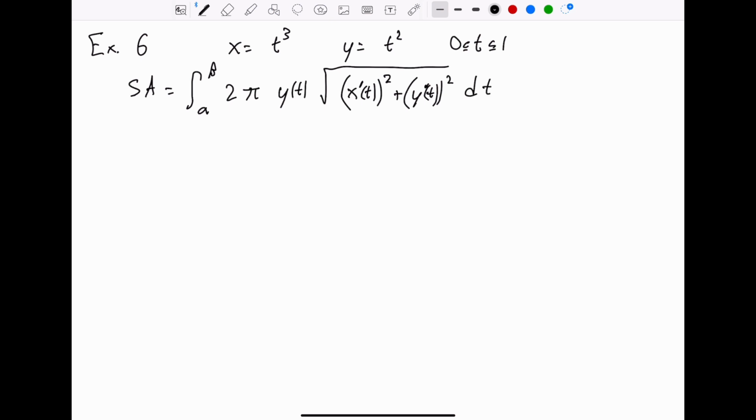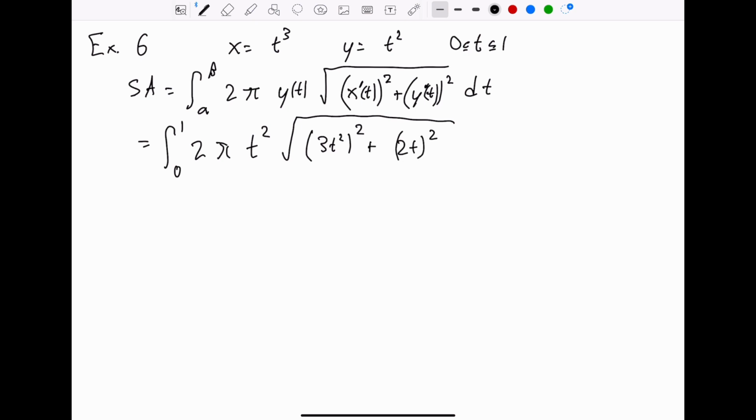with respect to t. So we have the integral from alpha to beta, that's from 0 to 1, 2 pi times the y function, t squared. So we just replace the y of t with t squared. And now we need the derivative of the x function, the derivative of the y function. We'll put those in the square root and square them. So we have 3t squared plus 2t squared integrating with respect to t.